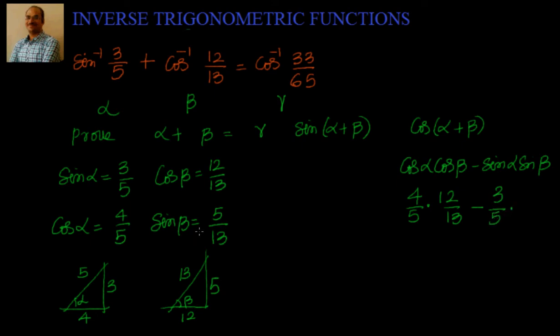What is the value of sin beta? 5 by 13. This is nothing but 48 by 65 minus 15 by 65, that is 33 by 65. You can see that cos of alpha plus beta is equal to cos of gamma, which we have to prove as 33 by 65, which we have proven.